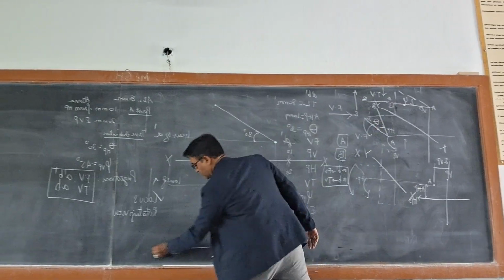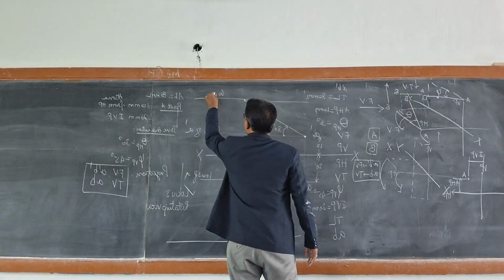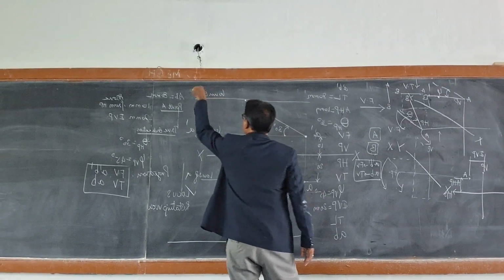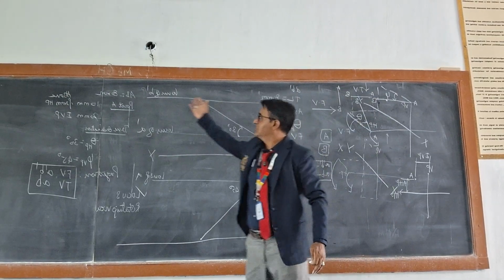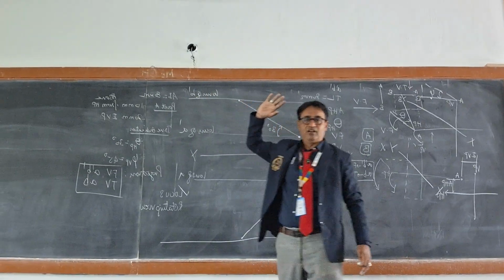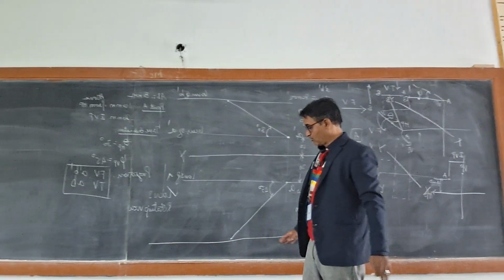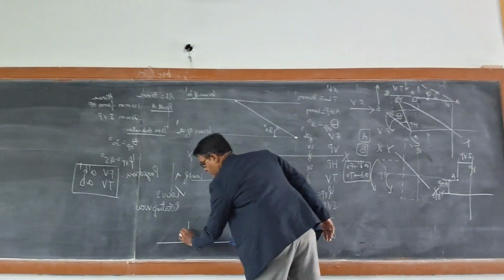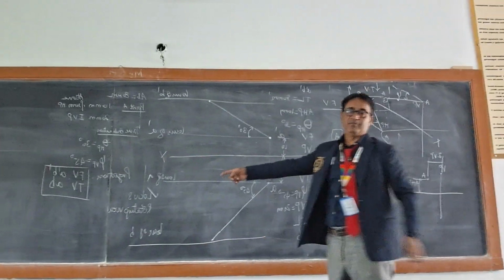So I draw a horizontal line parallel to XY and mark it as locus of B dash, because B dash is your front view; anywhere on this line my B dash will be located. Similarly, this is the locus of B; anywhere on this locus line my B will be located.